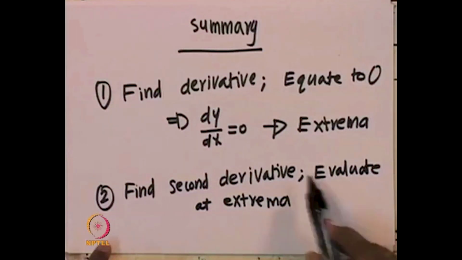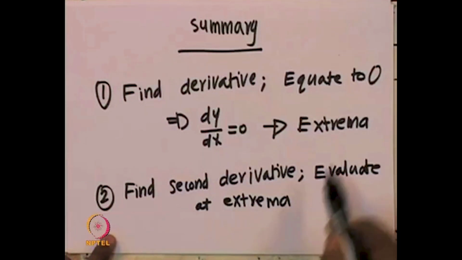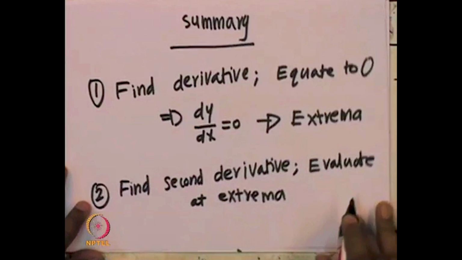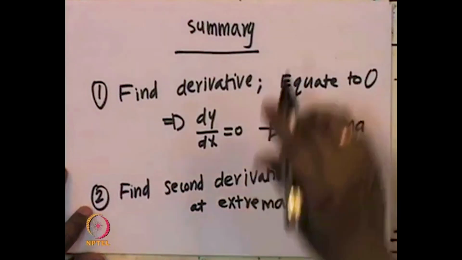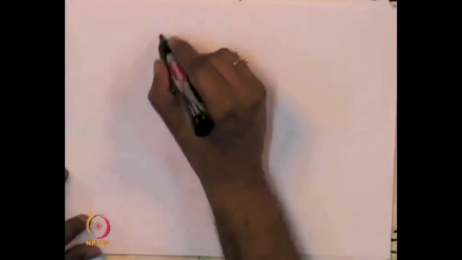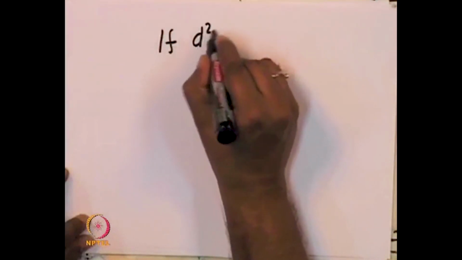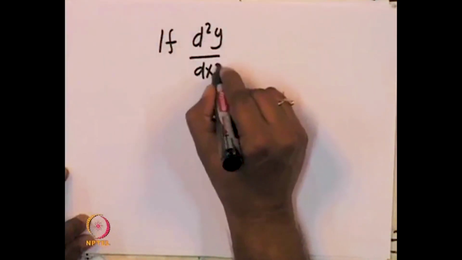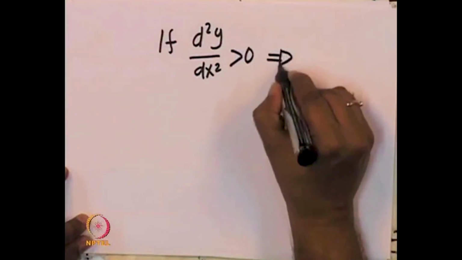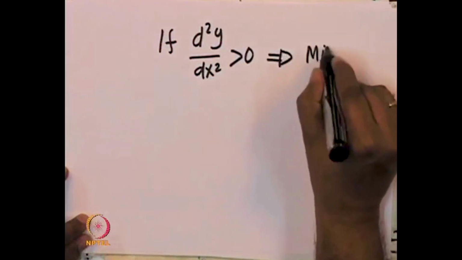If we evaluate at these maxima and minima, if the second derivative d square y by dx square is greater than 0, this means it is a minimum.